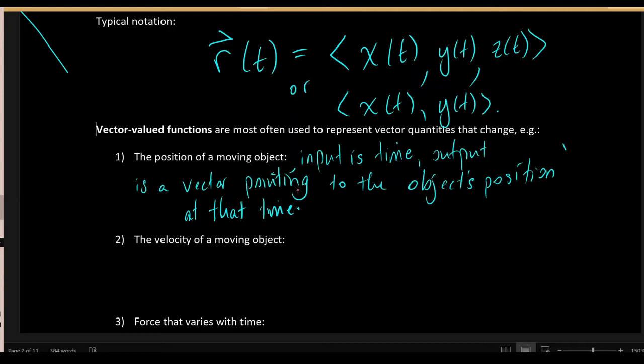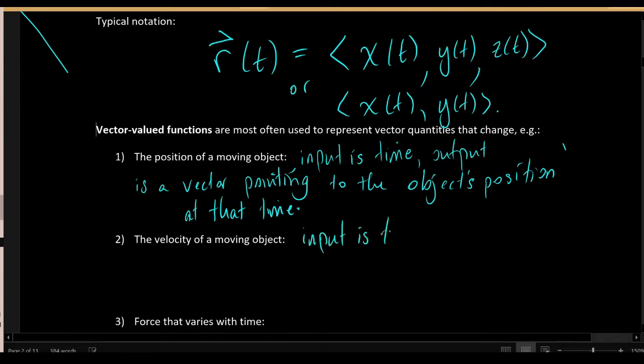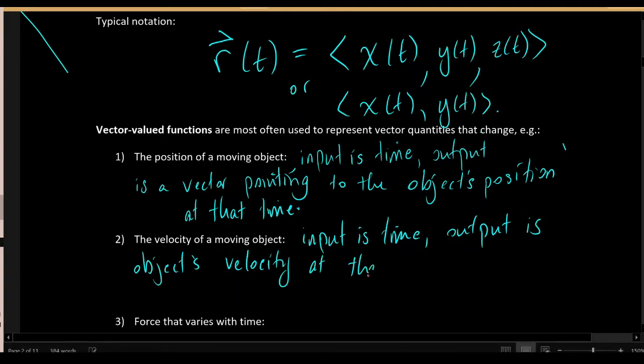In such a situation, we can represent the velocity vector by a vector valued function where once again the input is time and the output is the object's velocity at that time.